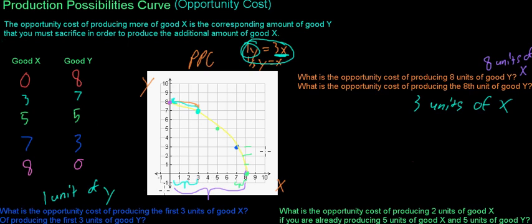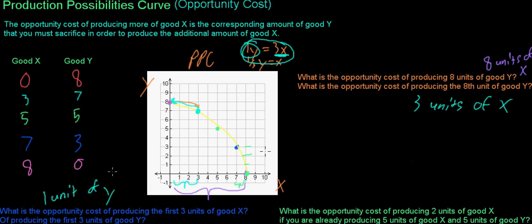So if you're asked what is the opportunity cost of producing good X, your answer better be some number of good Y. And if it's of producing the first 3 units of good Y, your answer better be some number of units of good X, like we have been here.